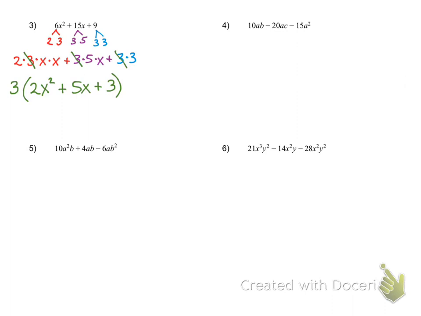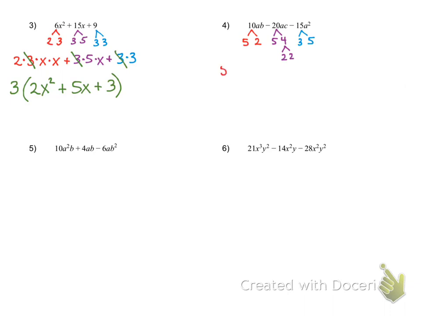Let's try number 4. So again, we're going to see what multiplies to 10, which is 5 times 2. 20 multiplies to, I'm just going to pick 5 times 4. And then the 4 multiplies to 2 times 2. And then the 15, that multiplies to 3 times 5. So now I'm going to write out my expression in factored form.